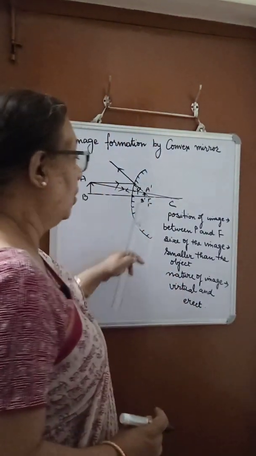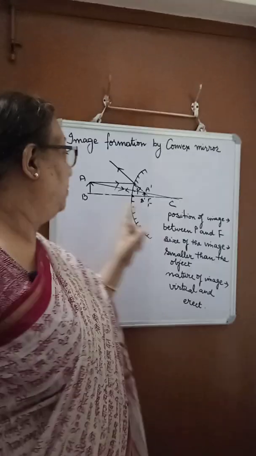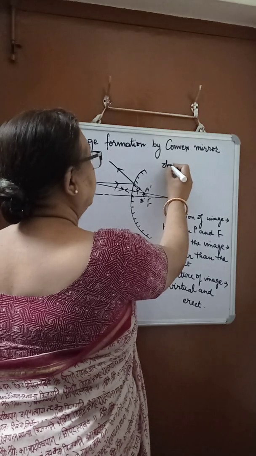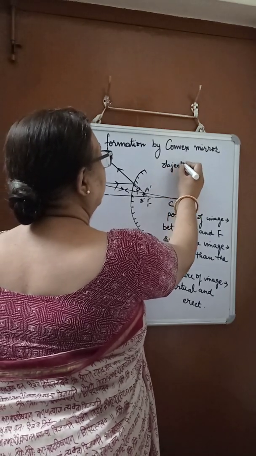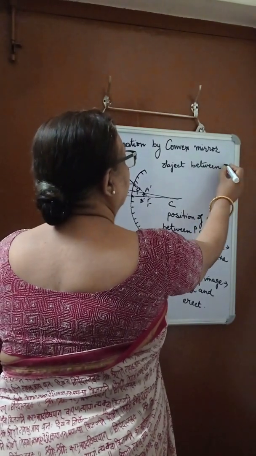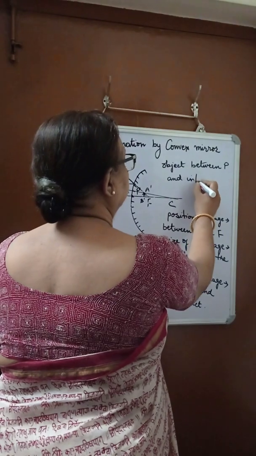And this holds for any position of the object. So we can say, what is the position of the object? Object between pole and infinity.